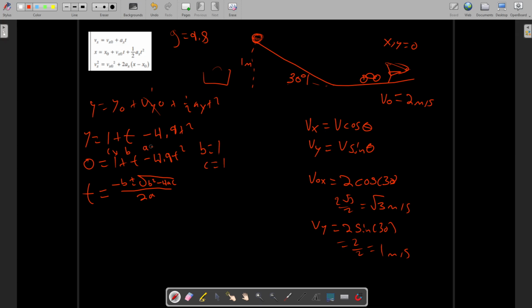And our a is the coefficient of our t squared, which is going to be negative 4.9. So what is our t going to be then in this case? Well, we're going to get t equals negative 1 plus or minus the square root of 1 squared is 1 minus 4 times 1 times negative 4.9, over, and then our g was 9.8, and that's just 2 times this, so negative 4.9.